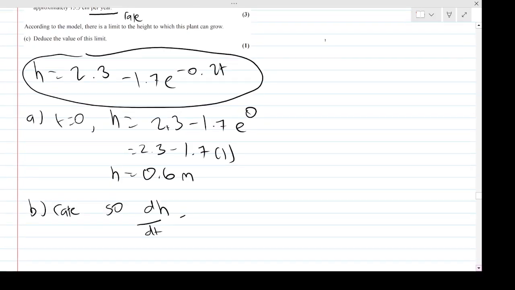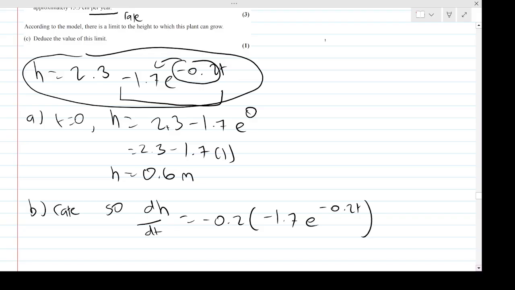So if we differentiate this, firstly 2.3 is a number, it's a constant, that will go to 0, okay? So then that'd be 0, or just leave it. Then minus 1.7 e to the negative 0.2t. Again, the negative 0.2 will then come to the front, so it'd be minus 0.2 lots of minus 1.7 e to the negative 0.2t.